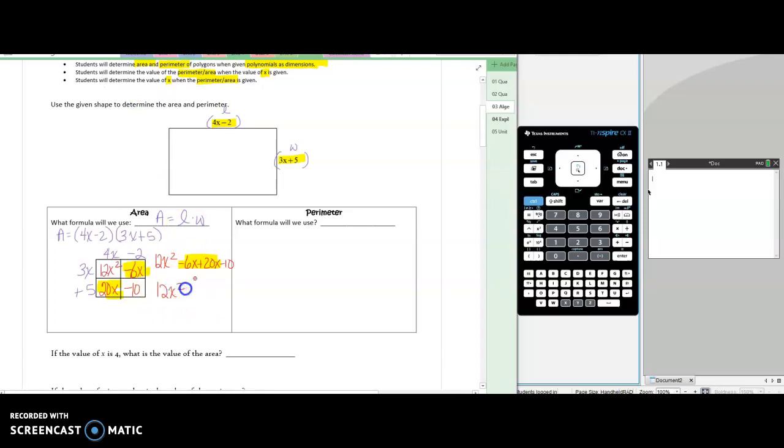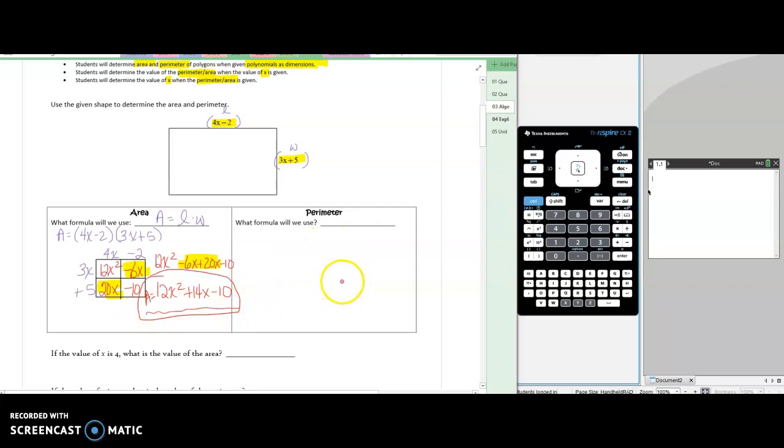Gosh, y'all. 20 minus 6, not 16. 20 minus 6 is 14, so plus 14x minus 10. That is our area in terms of x. Okay, area in terms of x. That's how you will hear that, as far as the language is concerned.